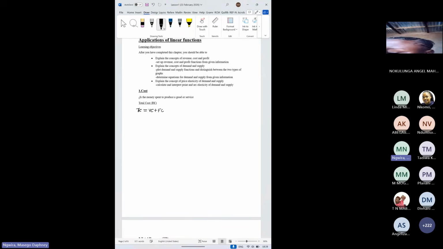And then your variable cost is equal to a price per unit times a quantity. So I'm going to call the price per unit m for now, and then the quantity, then plus my fixed cost, I'm going to call it c, which is the constant. So I'm just taking you back to linear function, the standard form, which is y equals mx plus c.